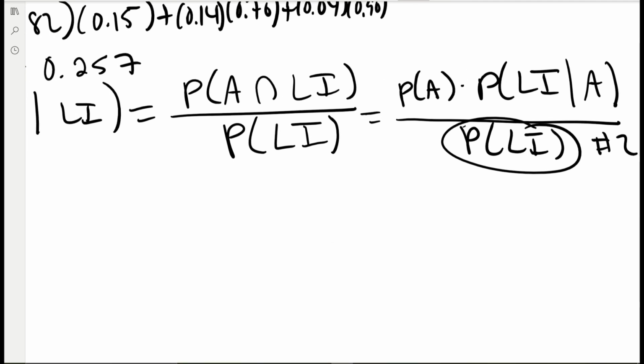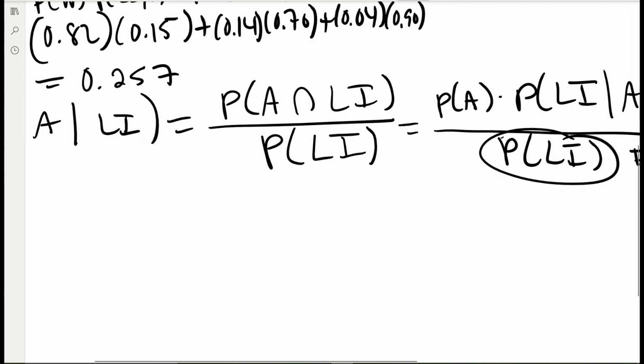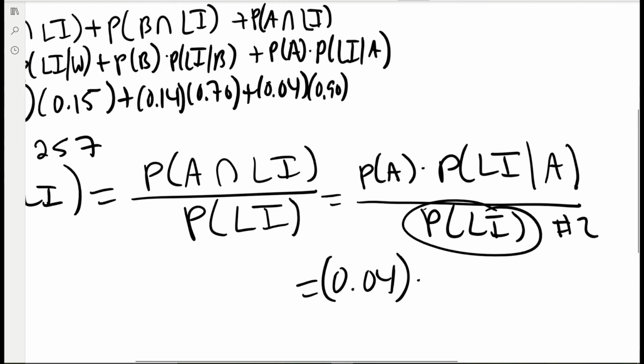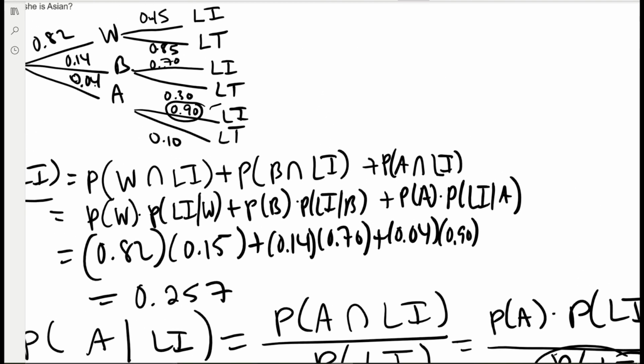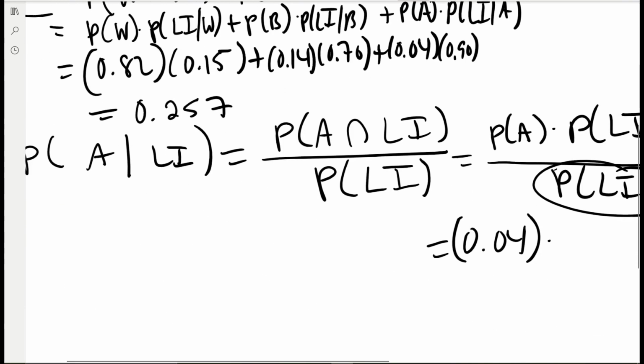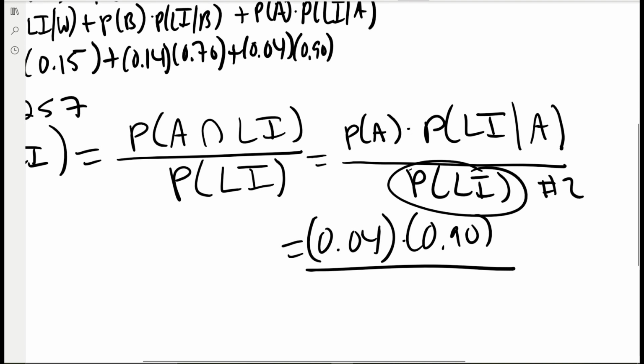So what's the probability of Asian? Well, that's a 4% chance of finding someone who's Asian, so 0.04, times the probability that they're lactose intolerant given that they're Asian, which is 90%, so 0.90, over the number that we got from number 2, 0.257.